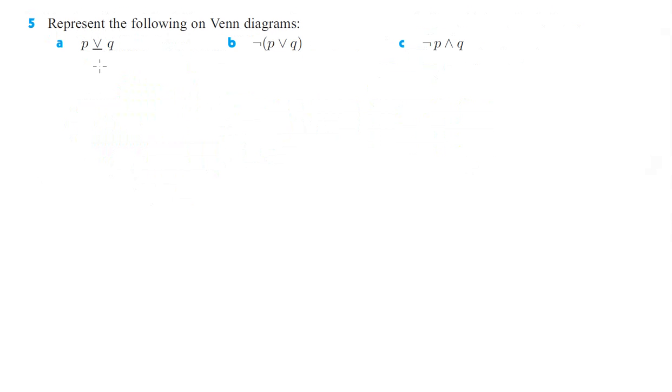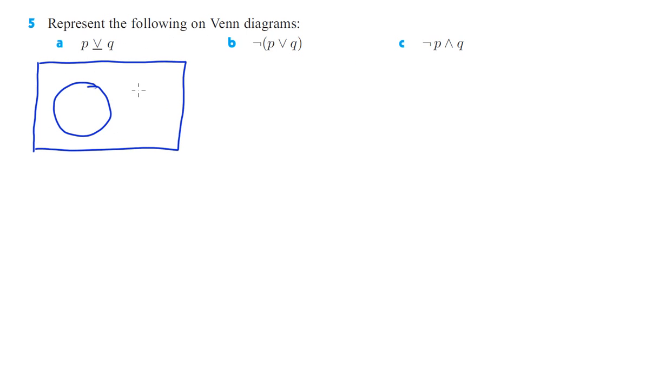Okay, sorry, move. Number 5, represent the following on Venn diagrams. P exclusive or Q. All right, so for this one here, we've got, draw a couple circles here. We've got P and we've got Q, okay?